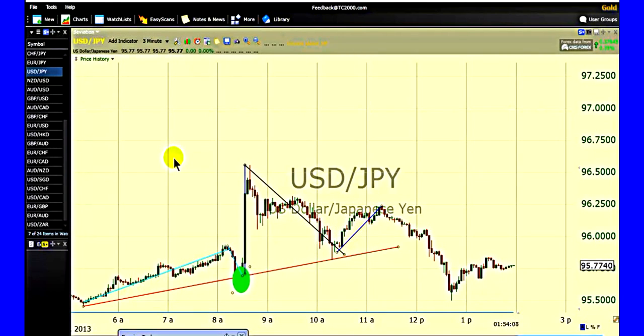Parallel fractal pattern is the same time frame but a different financial instrument. But in this scenario, it's a bit of an inverse parallel pattern because the pattern has been inverted for the euro USD.